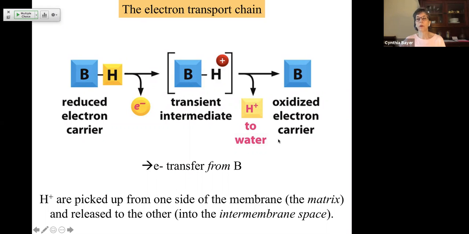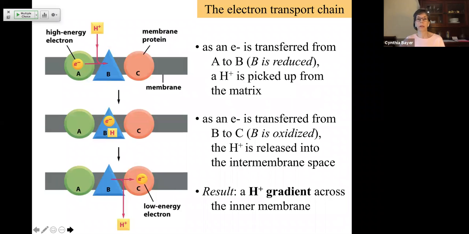But notice it's donated to water on the other side of the membrane, the aqueous solution of the intermembrane space. In that process of first losing its electron and then losing its proton, that electron carrier has become oxidized. So the protons are picked up on one side and released on the other side. This is because of the way that the electron carriers are oriented in the membrane: they become reduced by picking up protons from one side of the membrane, and they donate their protons to the other side of the membrane.